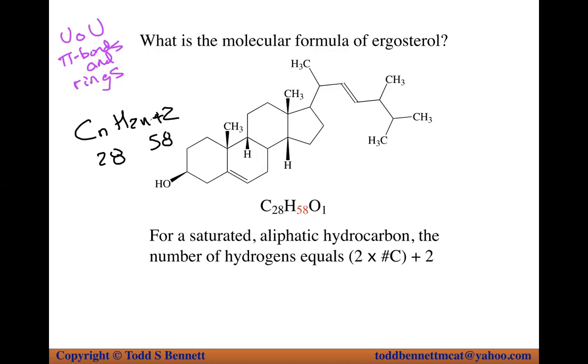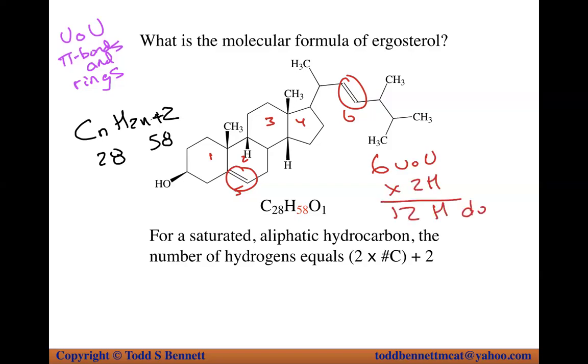So altogether we have 1, 2, 3, 4 rings and a double bond here for 5 and a double bond here for 6. So we have 6 units of unsaturation times 2 H's means we have a 12 H deficiency.